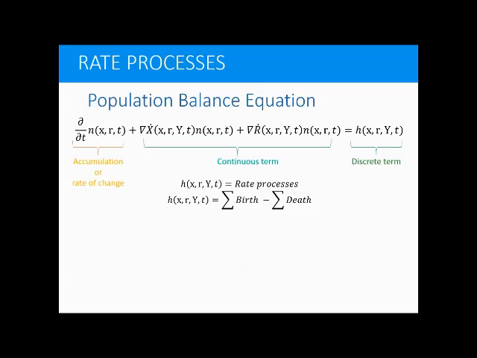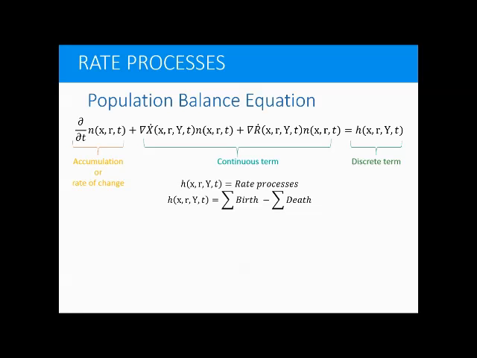This is rephrased then for the numerics of the PBM into birth and death terms. Now, they may sound a bit weird, but it boils down to this: birth is when new particles or entities appear on the grid because of the mechanisms that you're modeling, and death is the opposite, the entities that are consumed by the mechanisms that you propose.